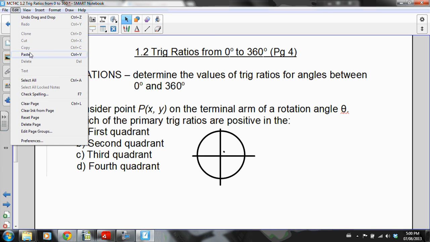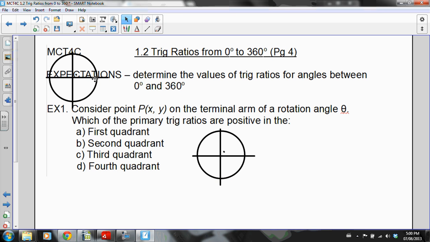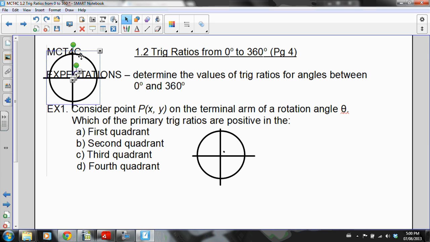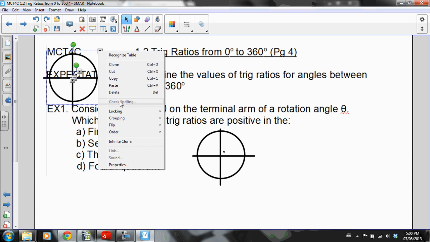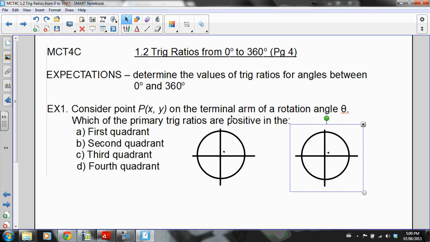Edit, and I'm going to paste that so I can use it again later. Maybe not. Put that together so we'll have a couple. All right. Good. Dandy.